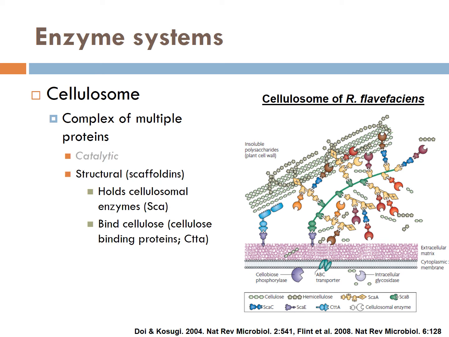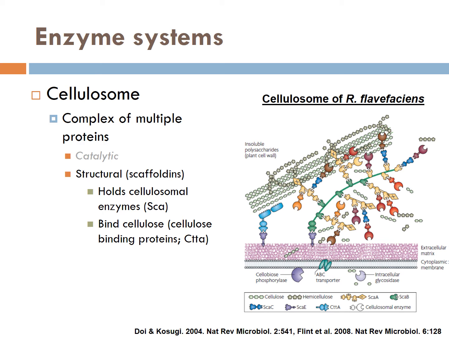There are also structural proteins in the cellulosome. These are scaffoldins. As the name implies, these form a scaffolding. This scaffolding accomplishes two things. First, it holds cellulosomal enzymes, and second, it binds cellulose. The subunits that hold cellulosomal enzymes, SCA, are shown in yellow, green, blue, and purple.